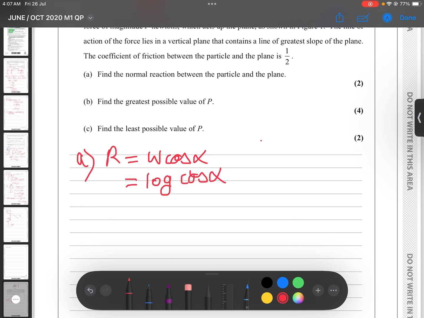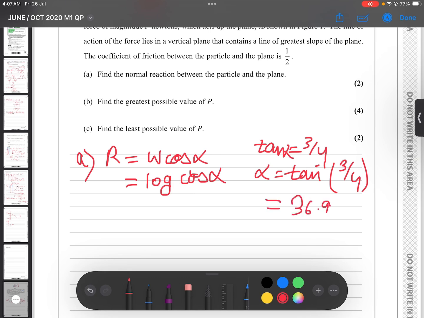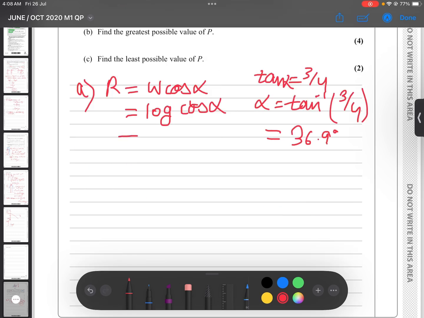As they gave us tan alpha is equal to 3 upon 4, alpha is going to be tan inverse 3 upon 4, and if you type it out on the calculator, you get alpha as 36.9 degrees. So now substituting everything into the equation and simplifying it, we are going to get R is equal to 78.4 Newton.